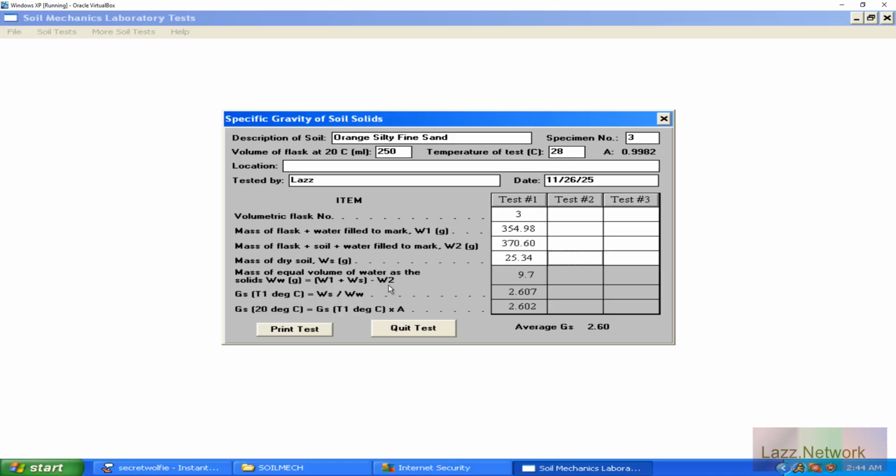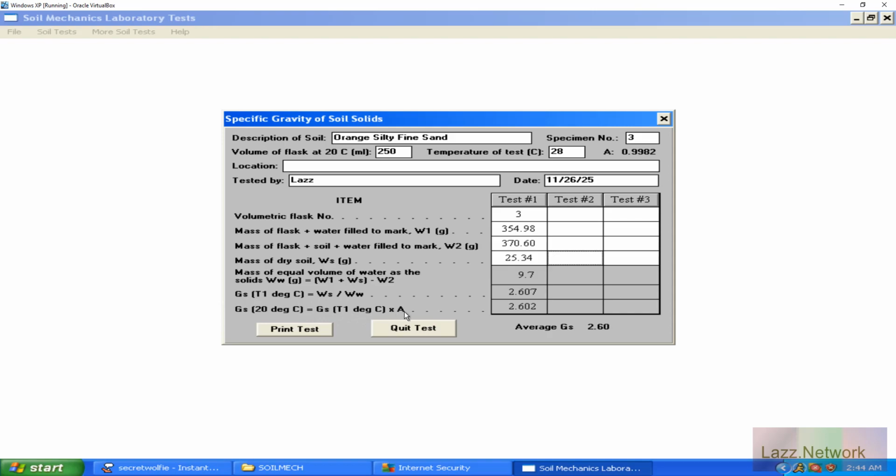That's right, that value. I was trying to see where it is. Okay, yeah. So our WW is that, and then this is where we get 2.607, with this being at 20 degrees Celsius, which is our GS here.